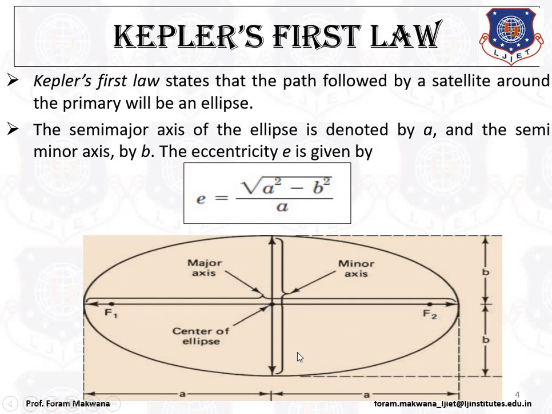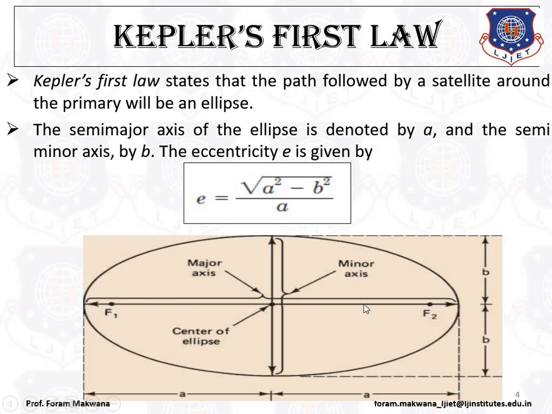F1 and F2 are two focus points which are also known as foci. The distance from the center of the ellipse to any of the focus point is called semi-major axis.